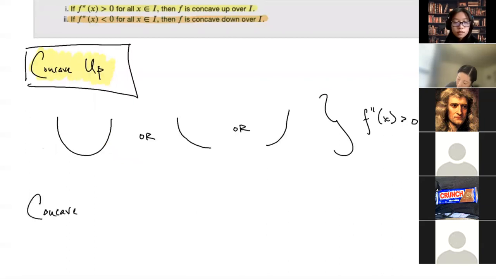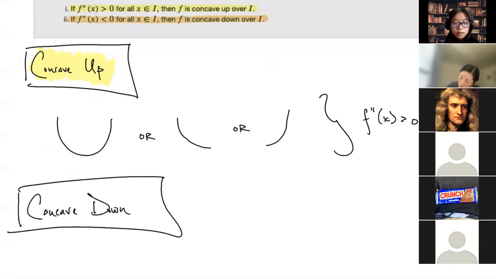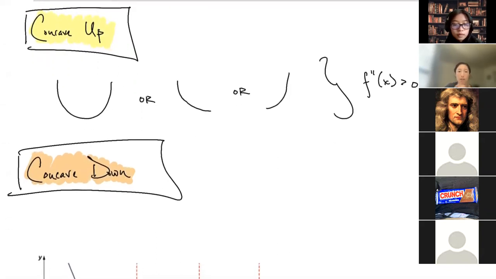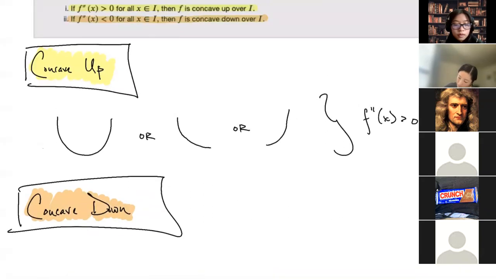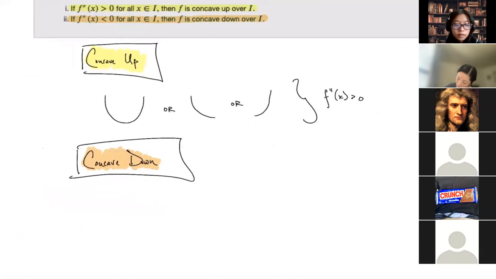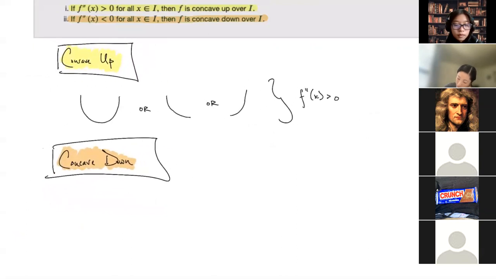Now let's change this for what if it's concave down. Okay, so what if instead of using a hold water analogy, we said, ooh, it actually does not hold water at all. All right, then maybe we imagine we have something like an upside down parabola. Okay, that would be considered concave down.